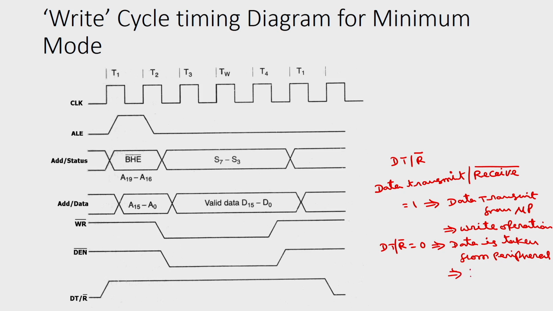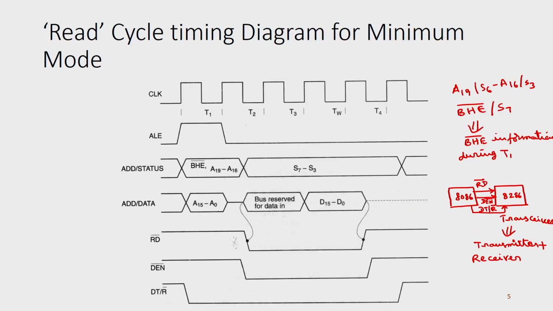That means it's a read operation. That is why in case of read operation we can see that DT by R bar is low, in case of write operation DT by R bar is high, and then DEN bar, here you have write bar signal, whereas in this case we have read bar signal.